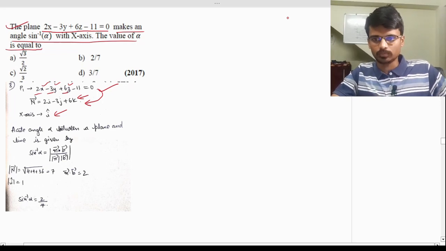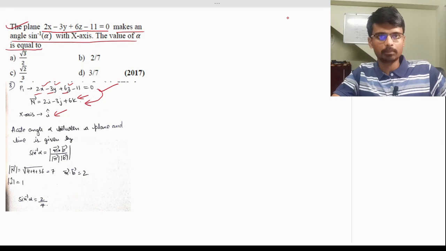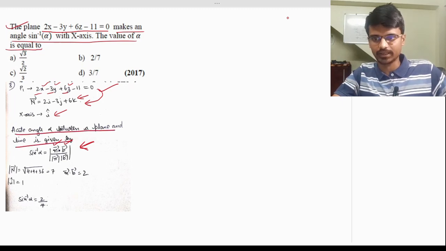We know the angle between a plane and a line is given using this formula. Here, n is the normal vector of the plane and b is the vector parallel to the line. This is the standard formula that we know. The acute angle alpha between a plane and a line is given by sine inverse alpha equal to n dot b divided by the product of the magnitudes of n and b.